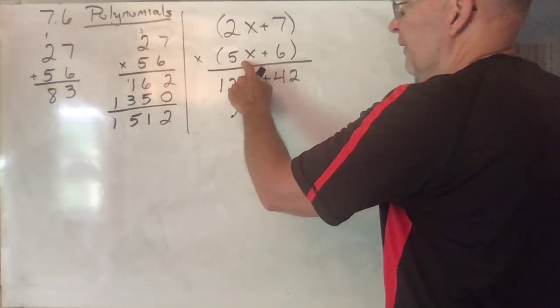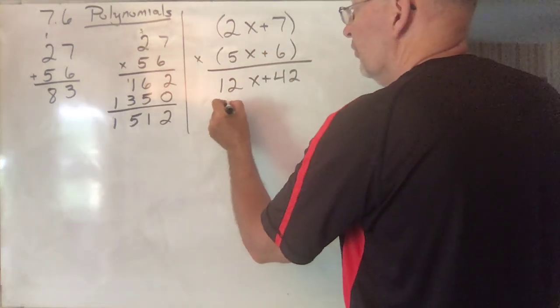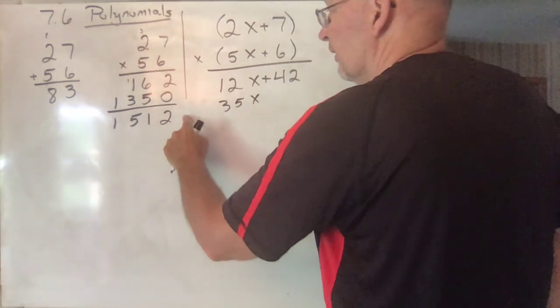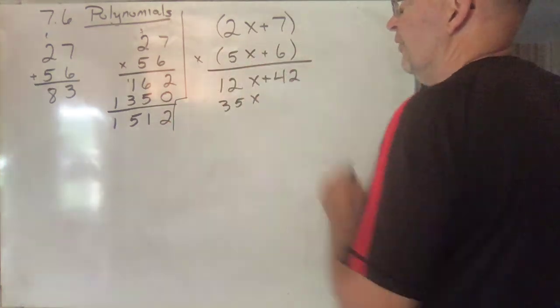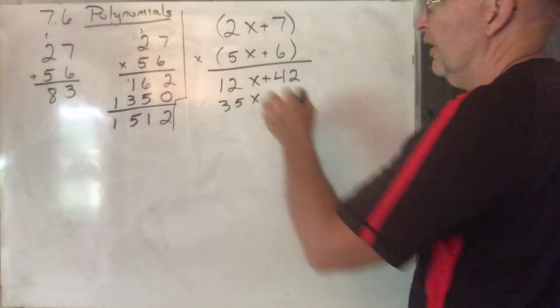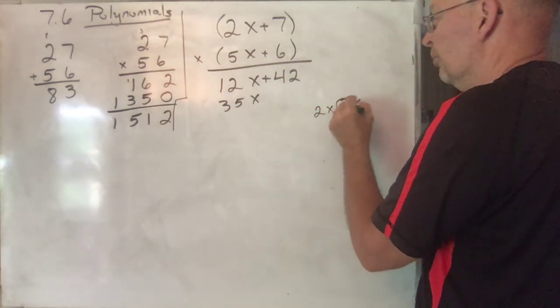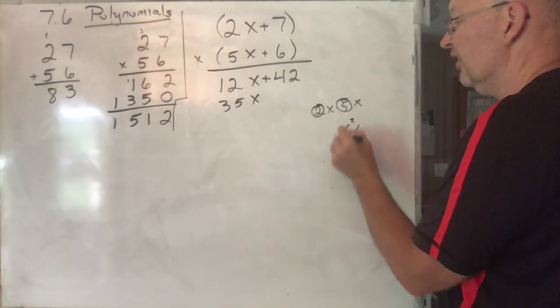Now, if I multiply by 5x, I'm going to get 5x times 7, which is 35x. Let's put that right underneath this one. And then I have 2x times 5x. You can multiply those in any order. So let's multiply these together and get 10, and then x times x we just learned is x squared.